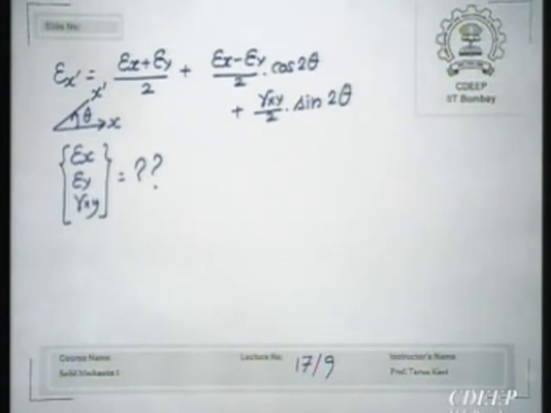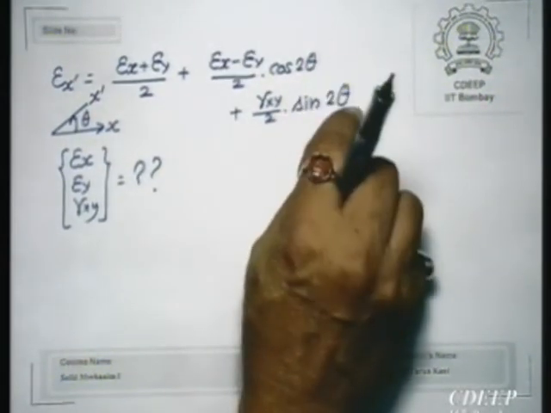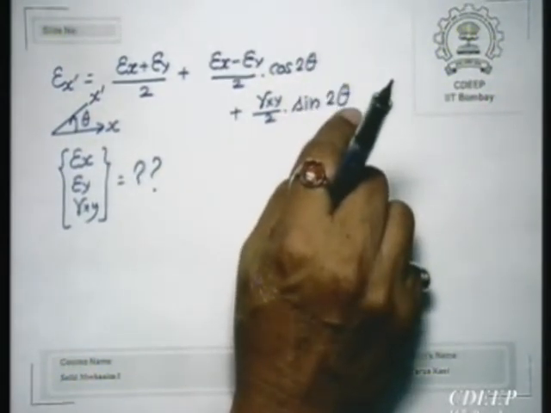Angle is there, and 3 quantities are there: epsilon x, epsilon y and gamma xy. So the best thing is to do 3 measurements. You have 3 equations, the left-hand side of the 3 equations will be known, you fix any angle, and then you give the value of theta: theta 1, theta 2.